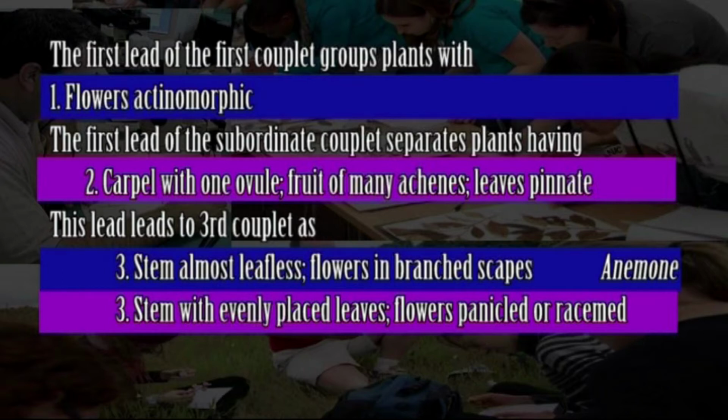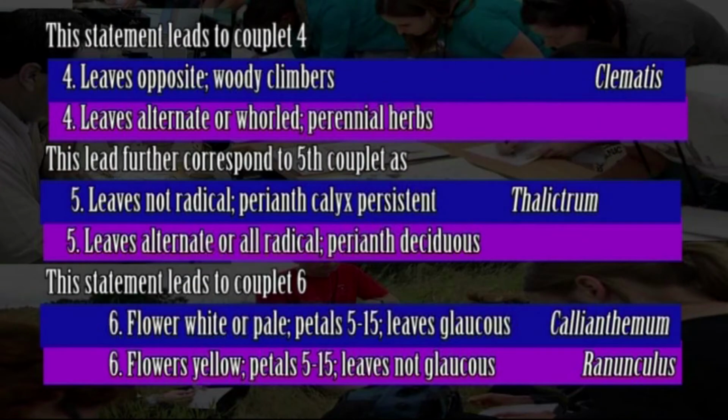This leads to couplet 3: stem almost leafless, flowers in branched scapes, which refers to Anemone, and its second lead is stems with evenly placed leaves, flowers panicled or racemed. This leads to couplet 4, which has leaves opposite, woody climbers, which are the characters of Clematis, and the second lead moves to leaves alternate or whorled, perennial herbs.